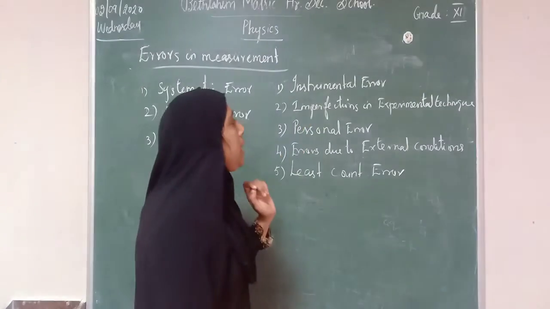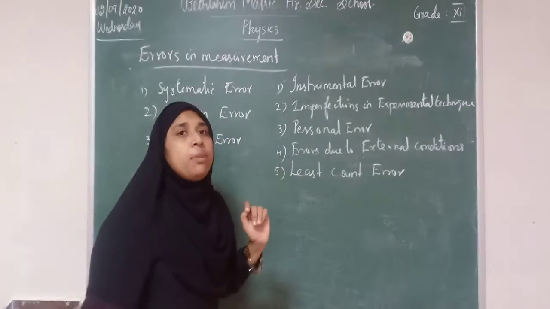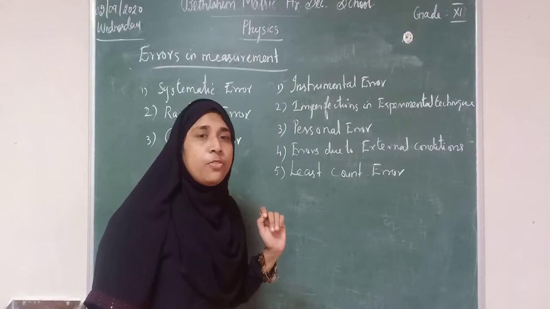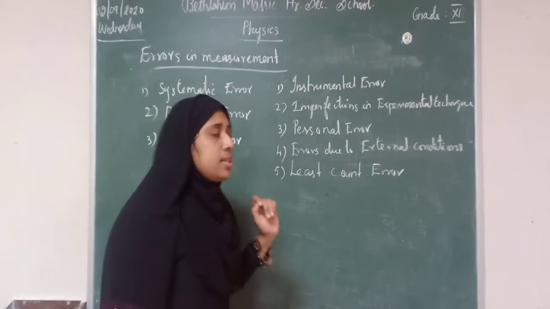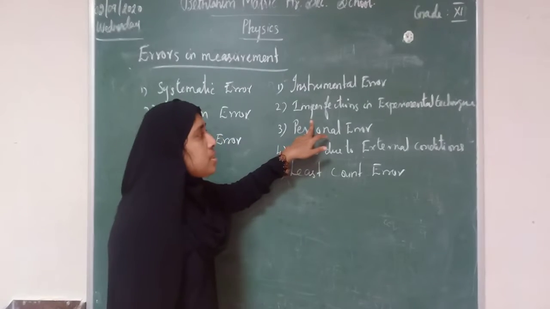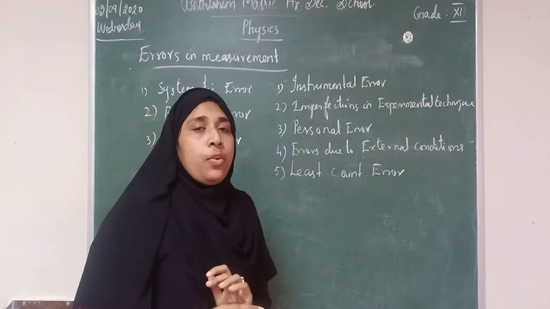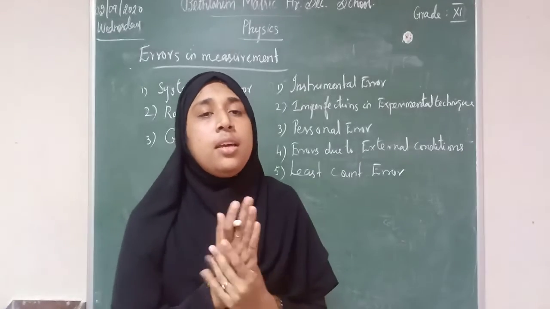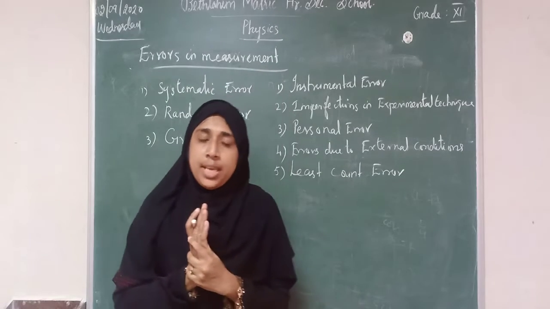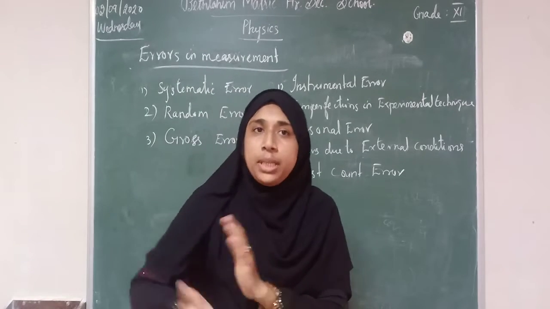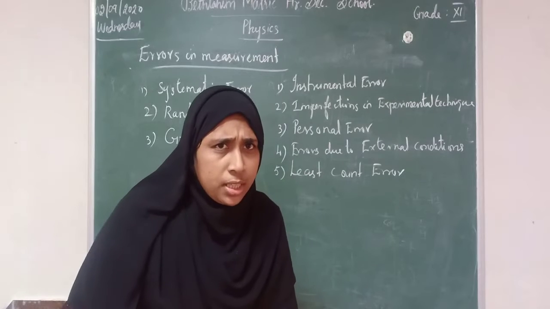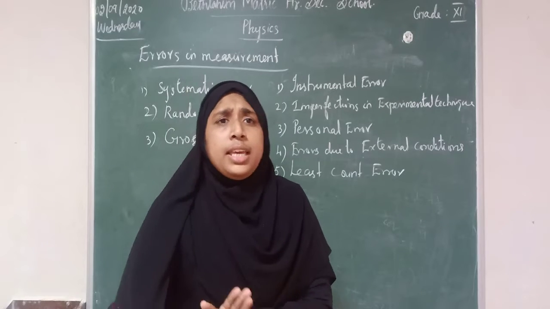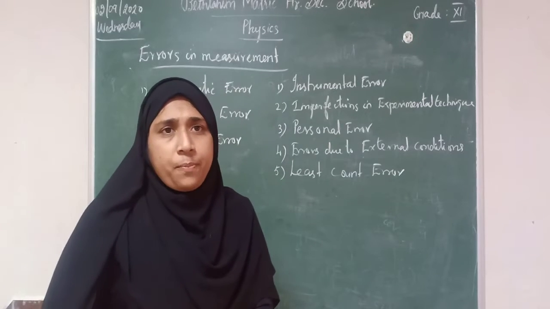Second one, imperfections in experimental technique. That means when we are doing the experiment, we may not be setting the instrument properly. Example, when we are doing the calorimeter experiment. What do you mean by calorimeter? It measures the heat of chemical reactions.